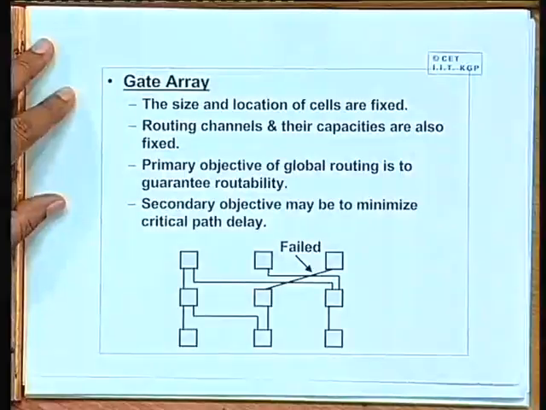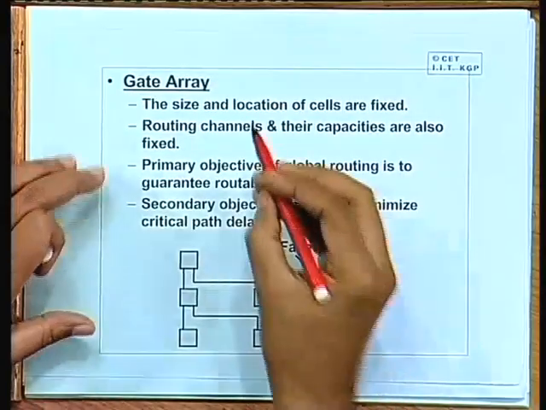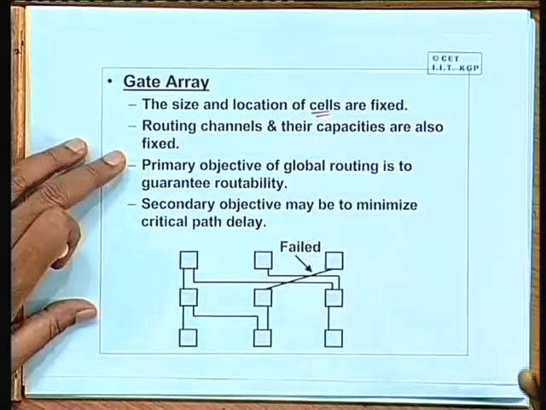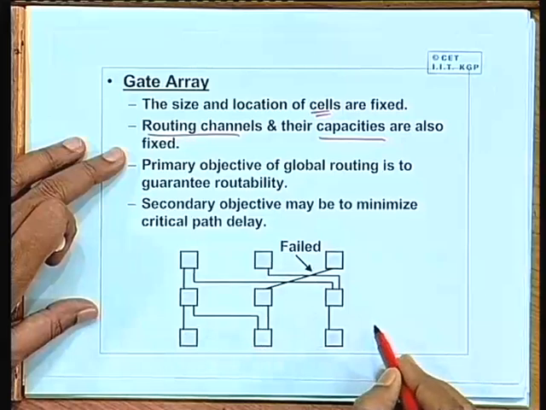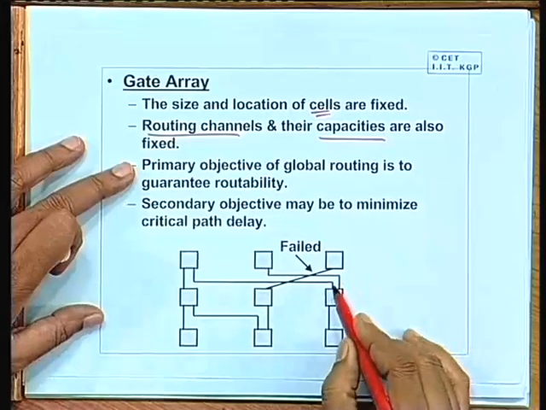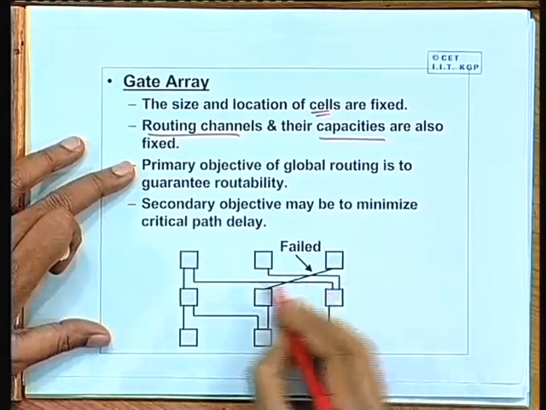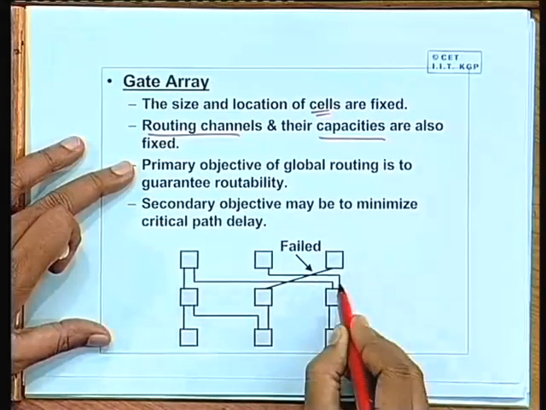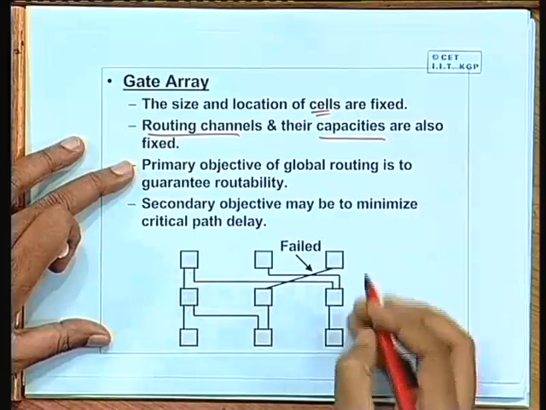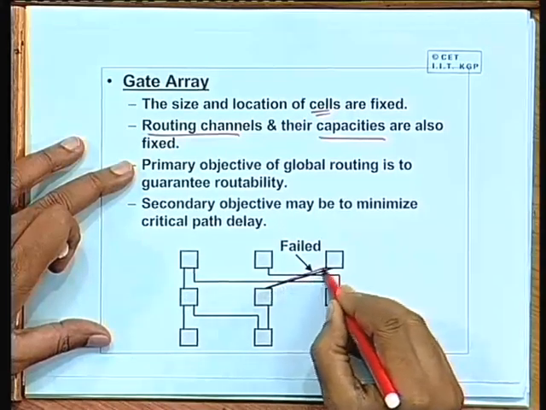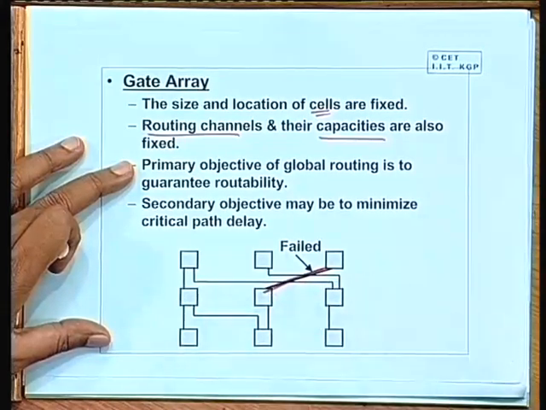And finally, in case of gate array, the size and locations of the cells are fixed, the routing channels and their capacities are also fixed, how much space you have. So, placement and routing must go hand in hand. Suppose there are 2 routing rows between the cells and you have already connected like this. Now, you need a connection like this. This you cannot do.